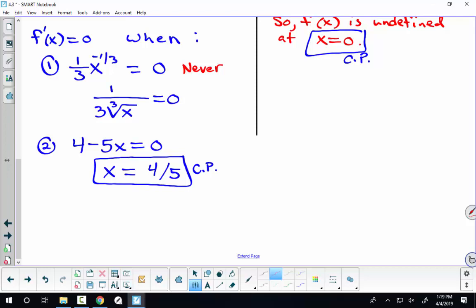So we only have two critical points coming out of this, 4/5 and 0. Any questions at this point?